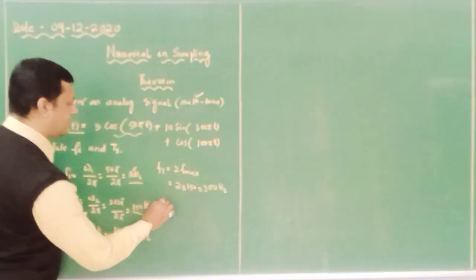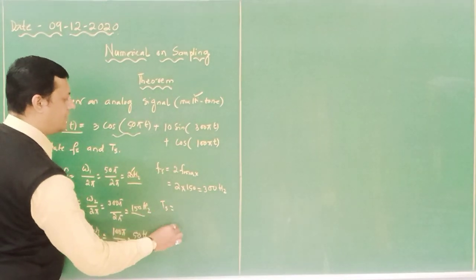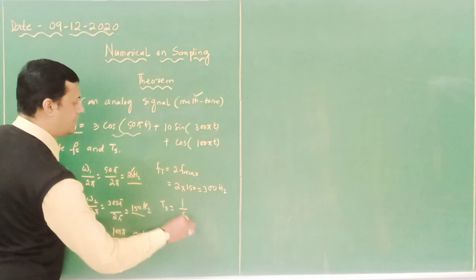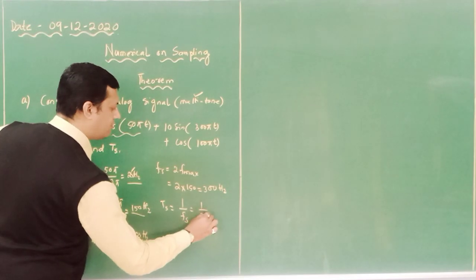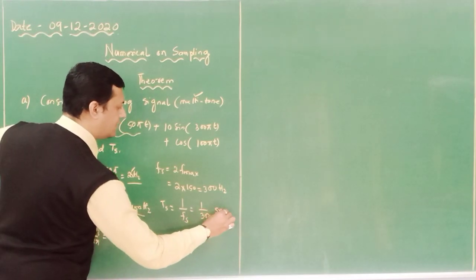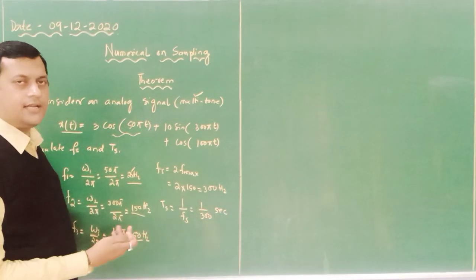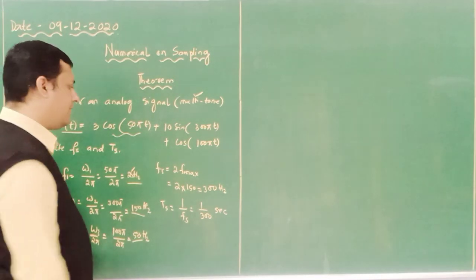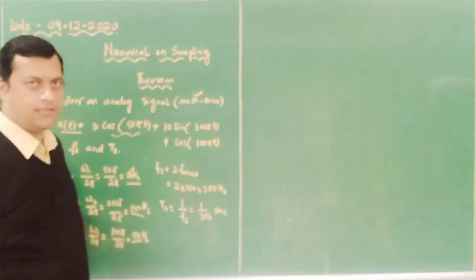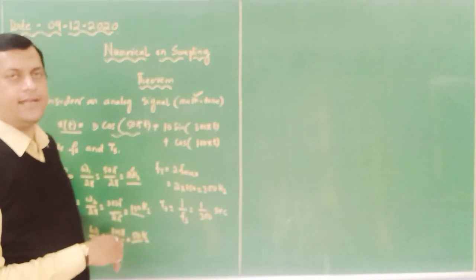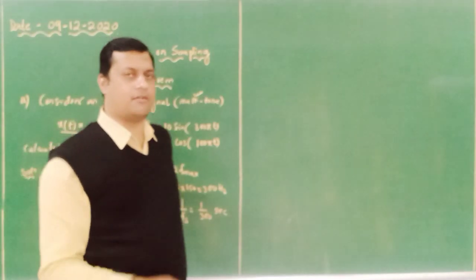Done. Similarly, what is the Nyquist interval? Nyquist interval is Ts, which equals 1 by Fs, which equals 1 by 300 second. You can calculate this with the help of a calculator. So this is the first question. Like this, Nyquist rate and Nyquist time interval can be determined.